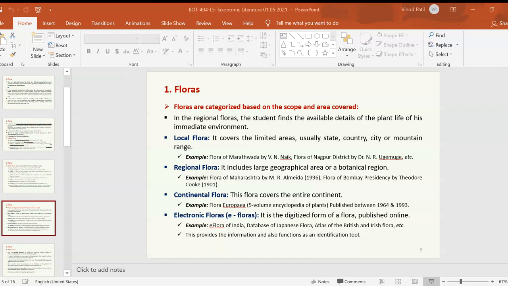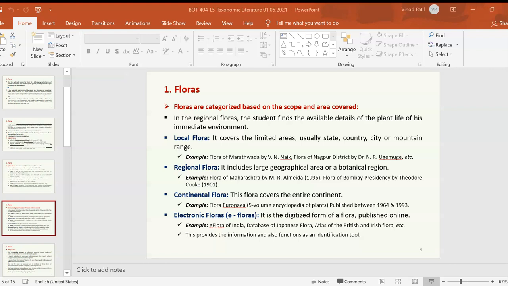For an example, here in our case, BSI, Botanical Survey of India, which was maintaining the flora, or the herbarium, isn't it? Otherwise, the floras were only available in the form of volumes, and it was not possible to purchase the flora of every kind by the researchers, isn't it?